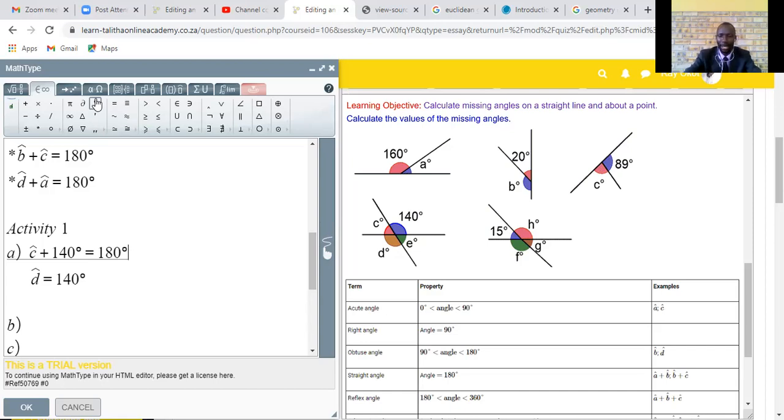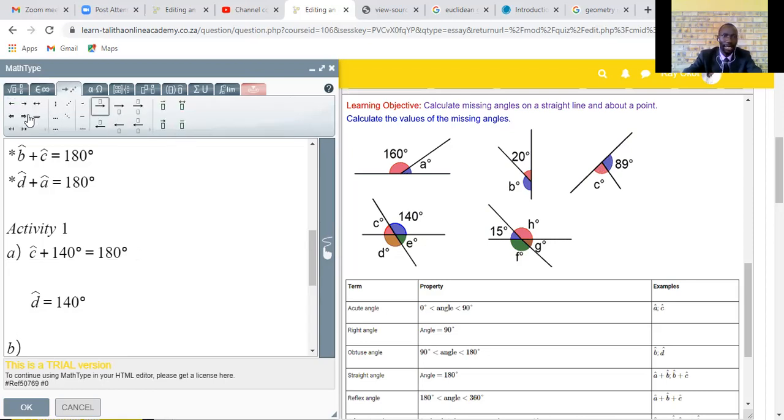Now that we are done with that, the next thing we want to look at is what would be the value of C. All right, let's do it this way. So to find the value of C, what we do is we collect like terms. In other words, we transfer this 140 degrees to the right-hand side.